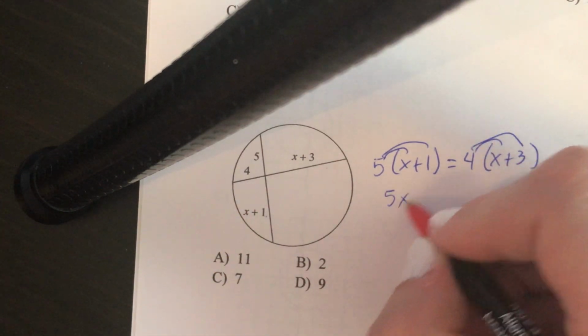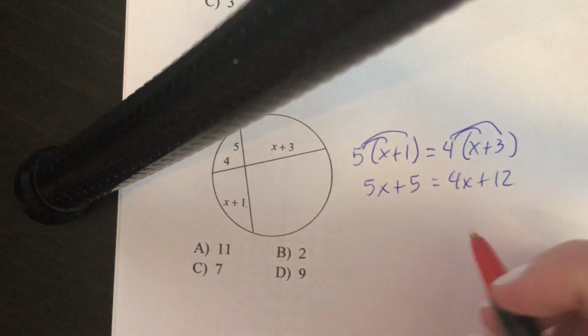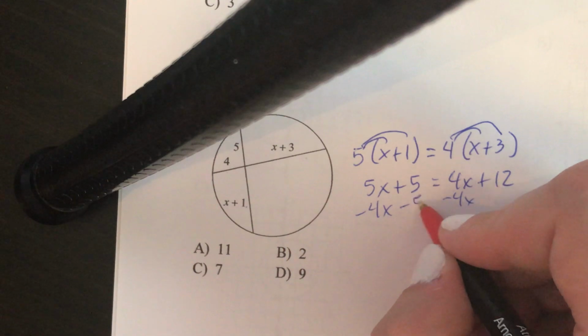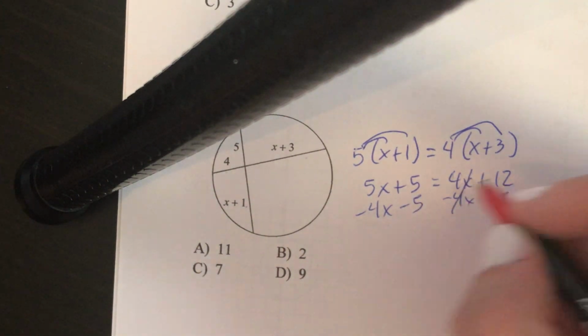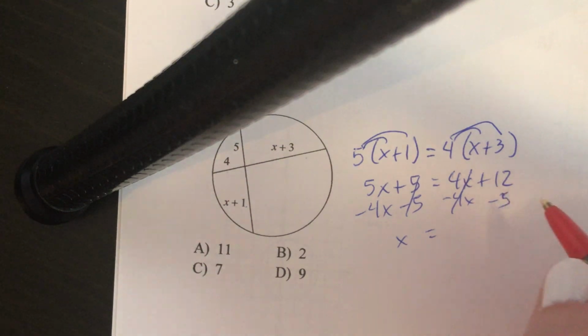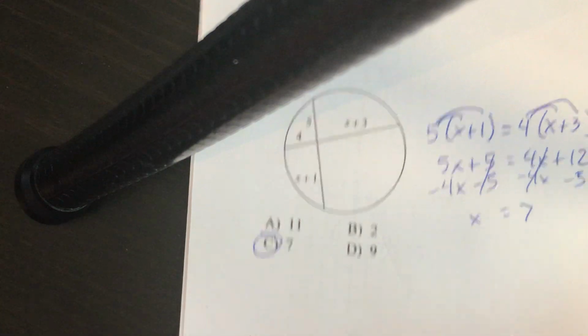So it's 5x plus 5 is equal to 4x plus 12. Okay, and then this is 7.